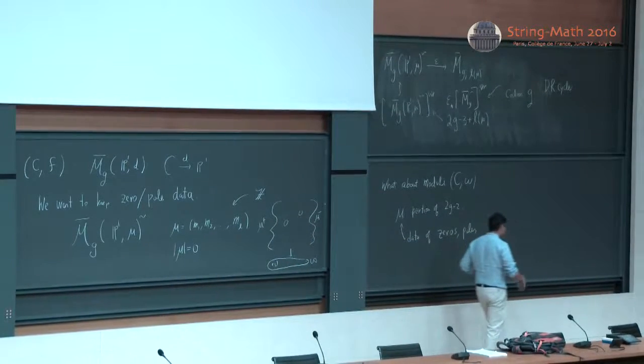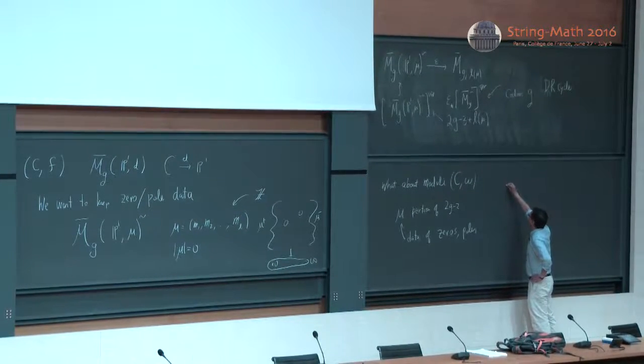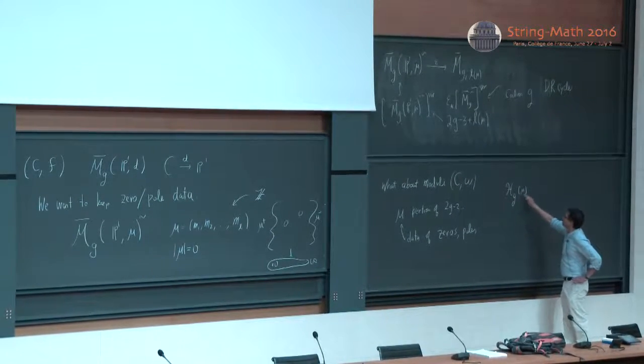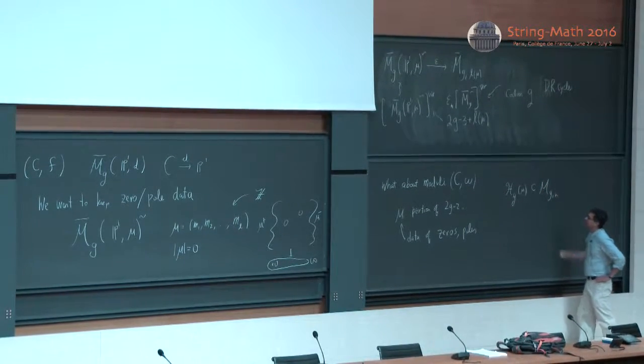And the first step in considering the moduli is a very simple thing to do, which is to define a locus that depends on g and mu, and it lives inside M_{g,n}, no bar.